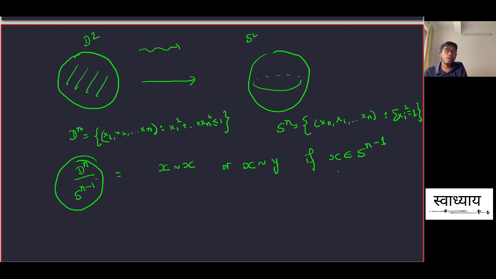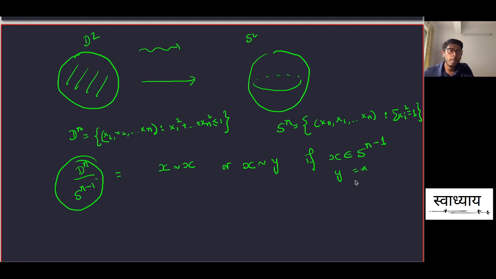Let's say y is some point. I'm fixing some point, so not the set, some point. So this is now a quotient space, and we want to see whether this quotient space is the same as Sn or not.